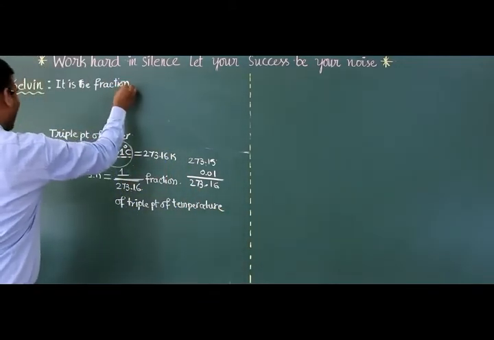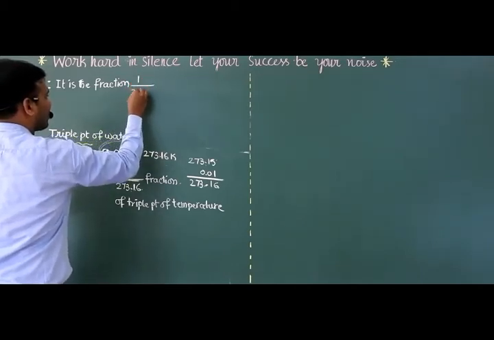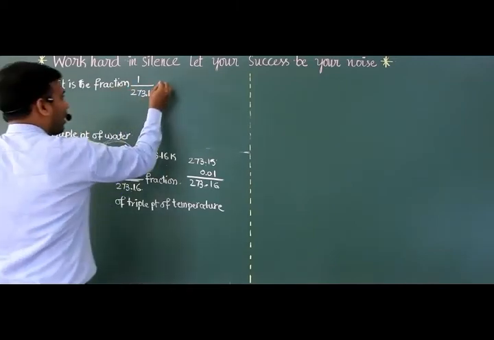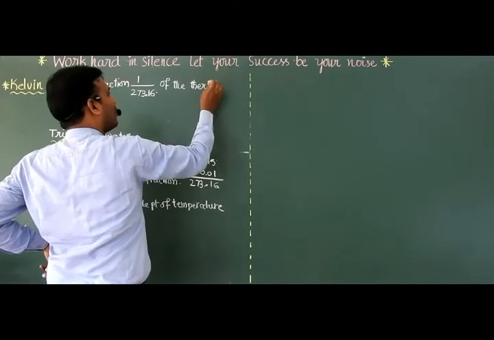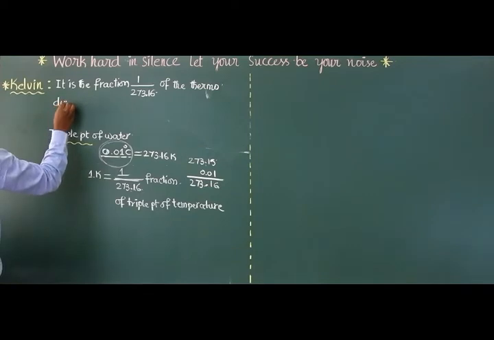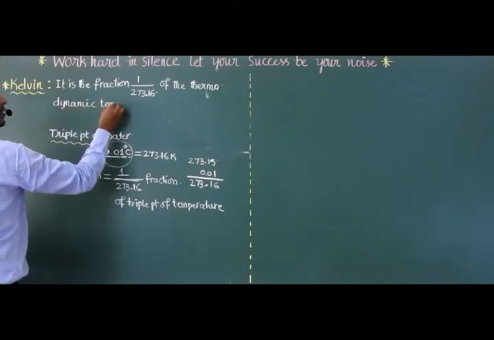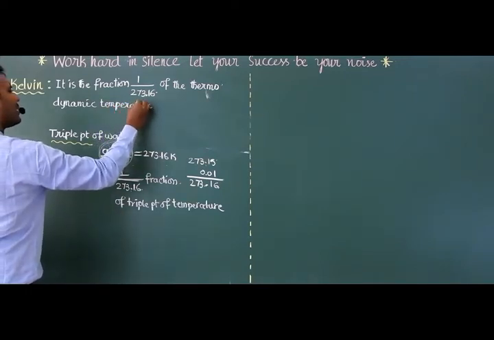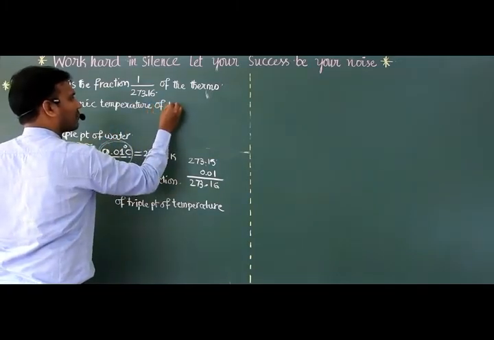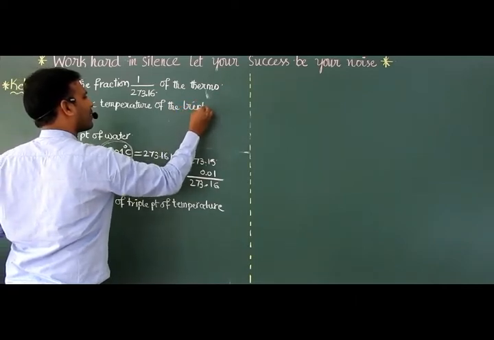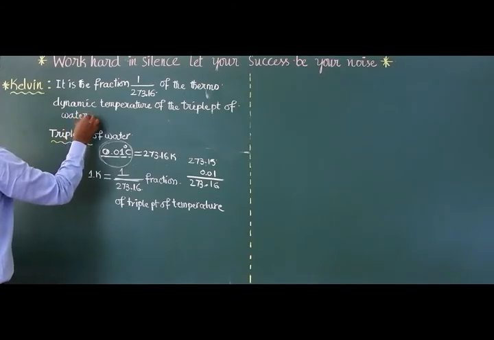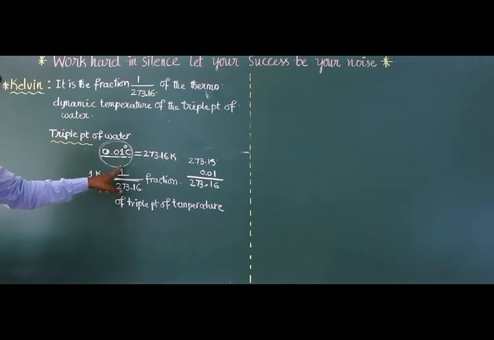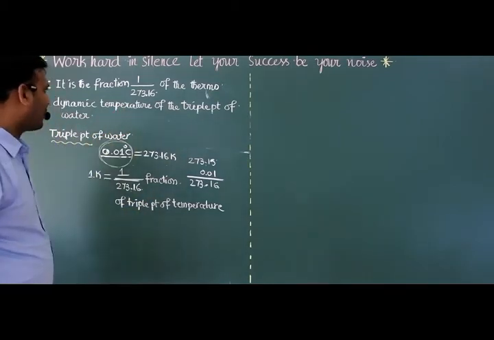It is the fraction 1 upon 273.16 of the thermodynamic temperature of the triple point of water. 1 Kelvin is the fraction of 1 by 273.16 of the temperature of the triple point of water.